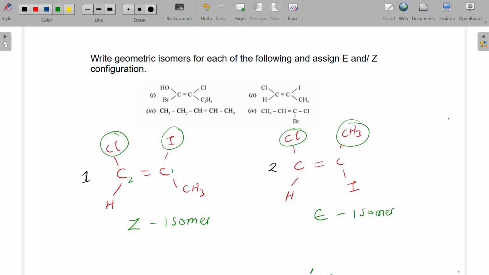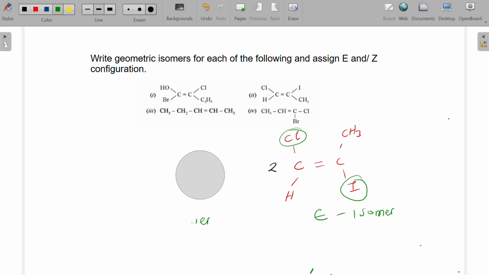They are on the same side. Sorry for that. They are not on the same side, but on different sides. It's not the methyl group, but the iodine group. So the iodine group and the chlorine group are on opposite sides. This implies we have E. Right. So that's what we have.